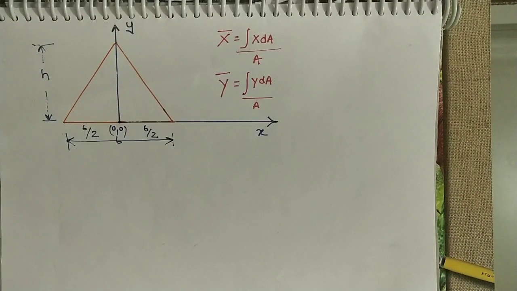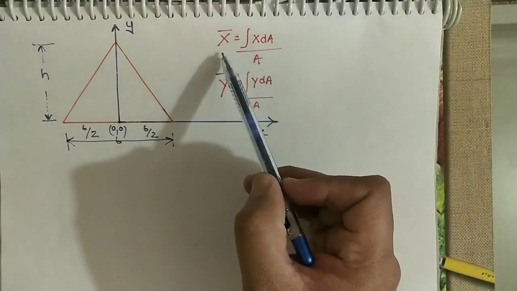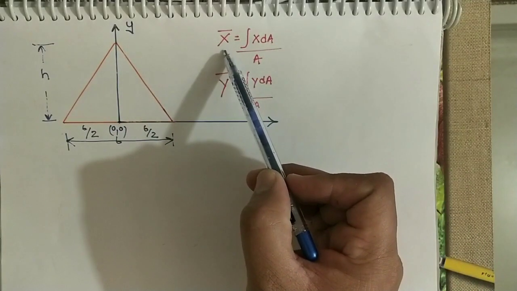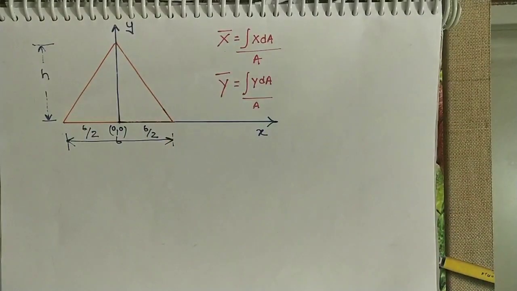Now we know that the centroid or the center of area of the triangle can be found out using these relations. This is the x coordinate of the centroid and this is the y coordinate of the centroid.